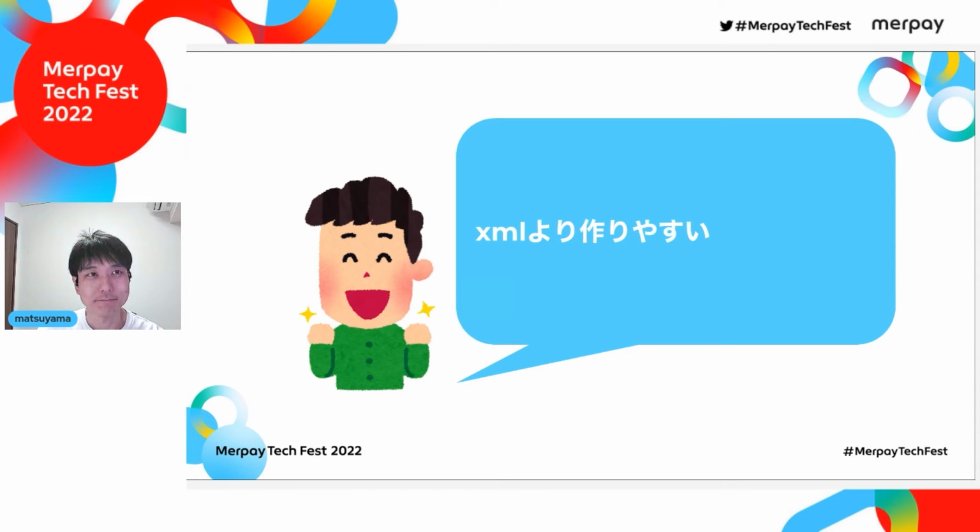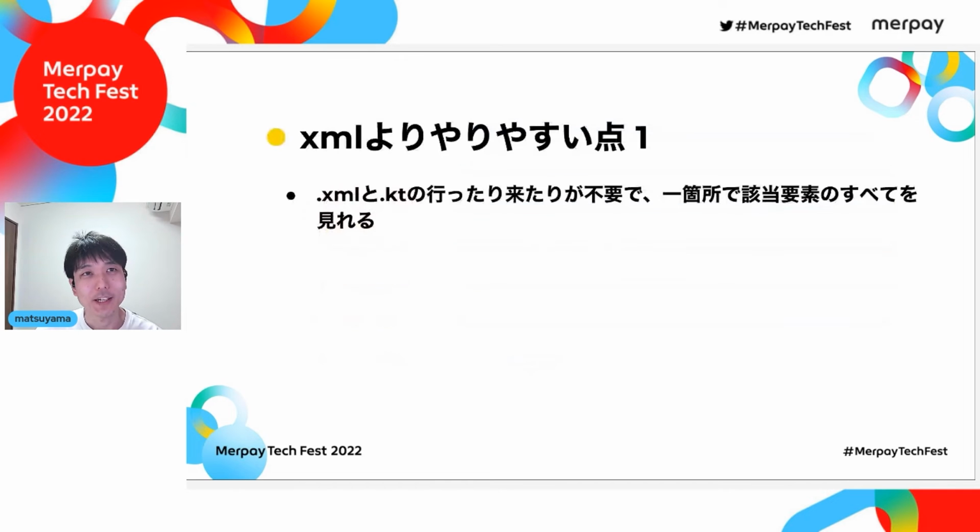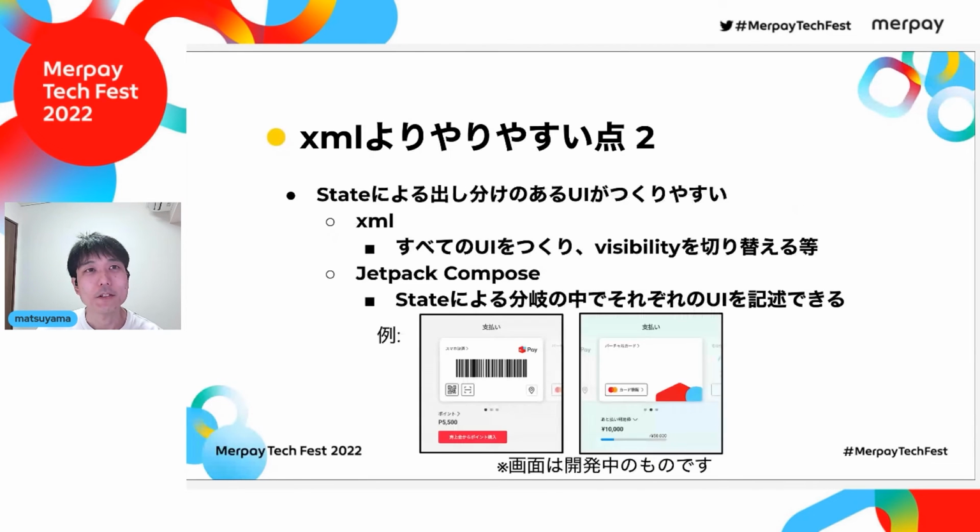There were many more good points than those difficult points. First, it is easy to create UI. I can see everything in one place, so I don't have to go back and forth between XML and Kotlin files anymore. And also, if you are using XML, please envision a screen with different UIs depending on the state. For example, here it is.